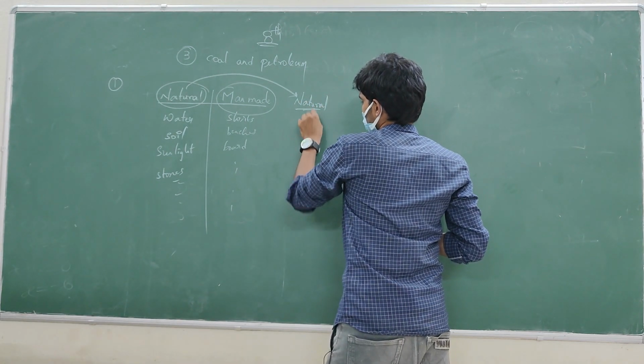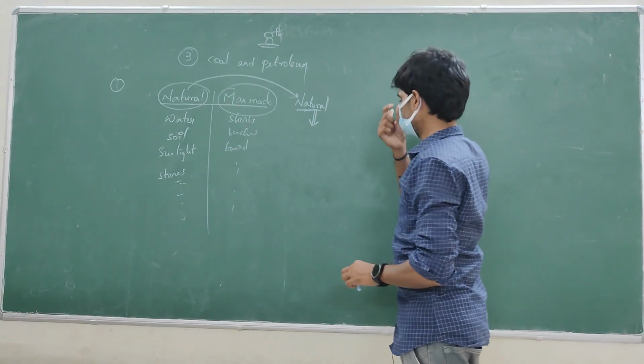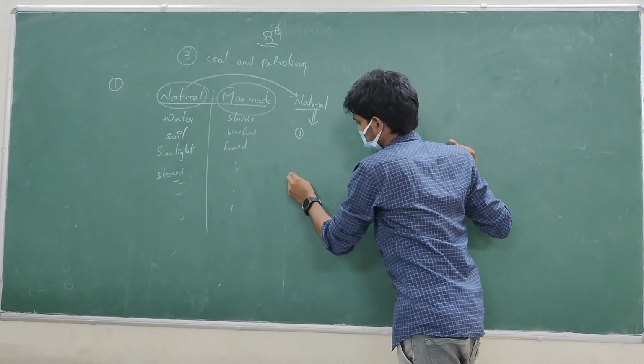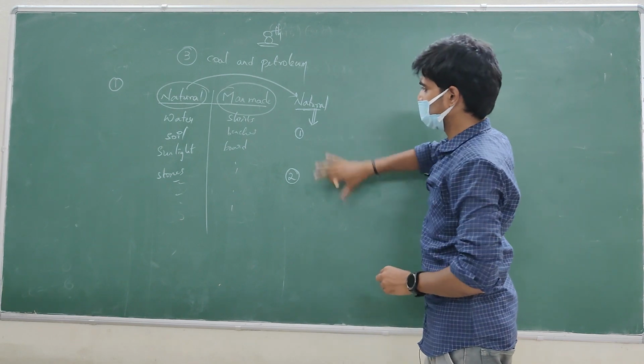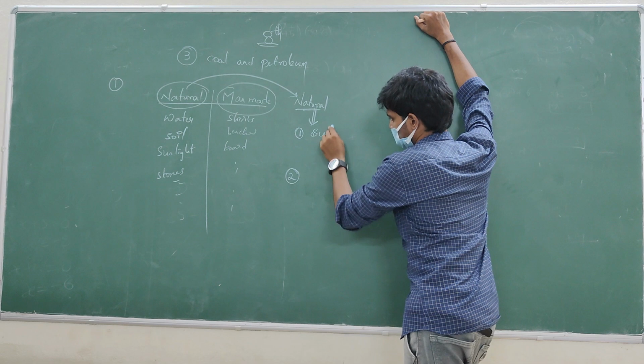Now we are dealing with natural substances. Coming to natural substances, we have two types. Firstly, sunlight.